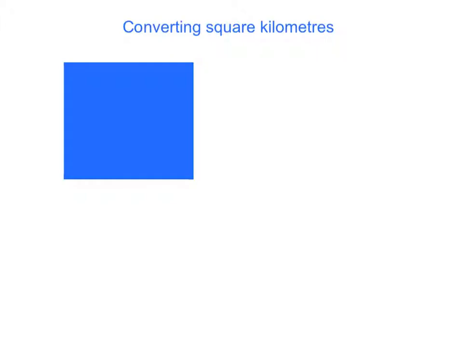Let's continue with our discoveries of converting square units. Imagine if we had a 1 kilometre long square, or 1 square kilometre, so each side of this square measures 1 kilometre. If we were going to change this into square metres, we'd need to work out how many little square metres would fit inside that 1 square kilometre. We know that 1 kilometre is 1,000 metres.